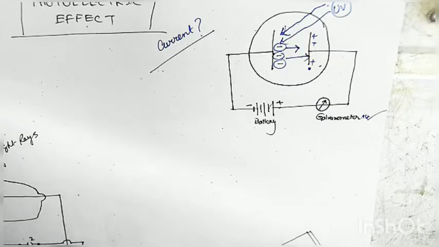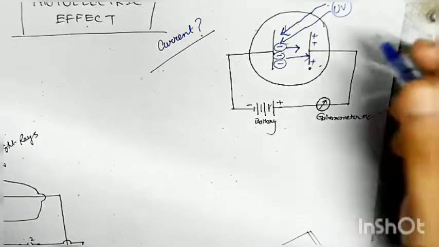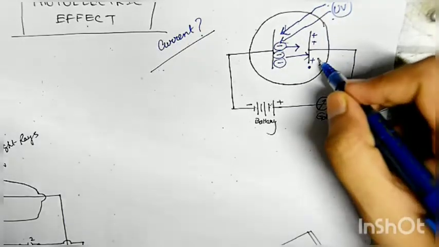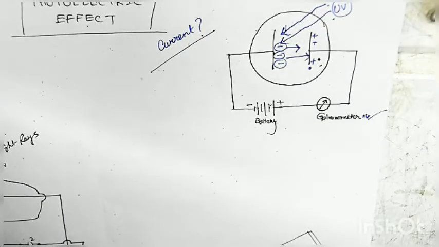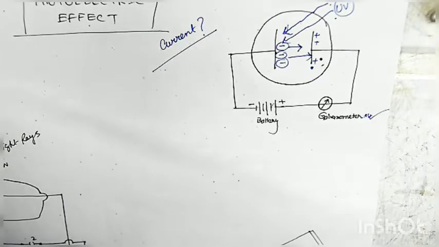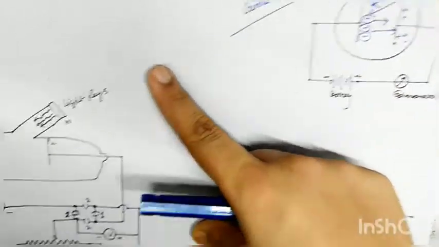It might be very small, usually in the microampere order, but there is a current flow. This is the phenomenon where light causes electricity to flow in the circuit, and it is called the photoelectric effect. Further, this was studied by Hertz and Lenard, as we were saying before.